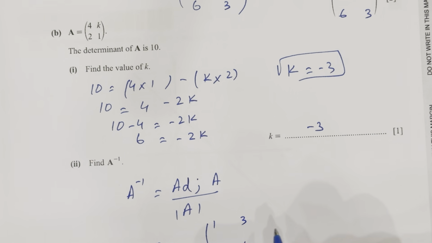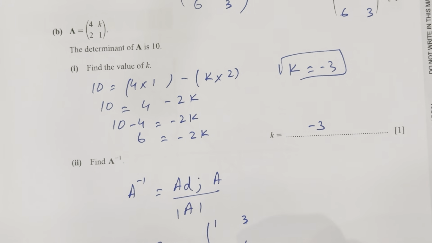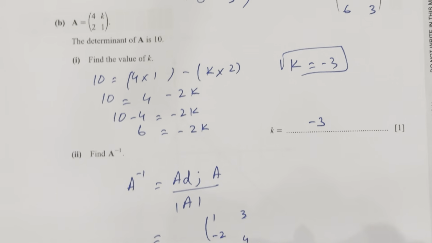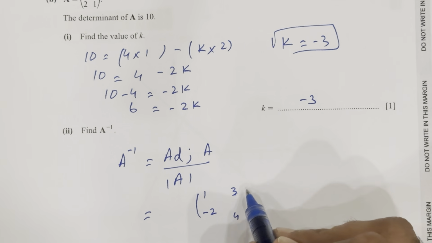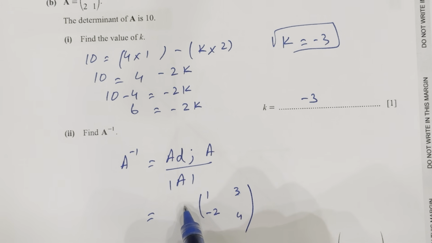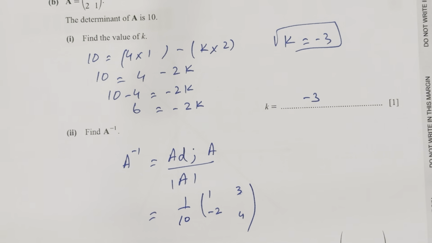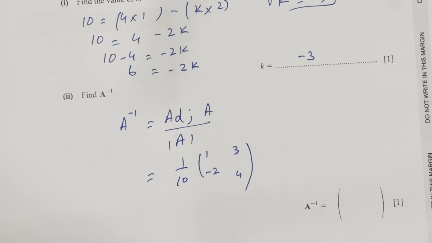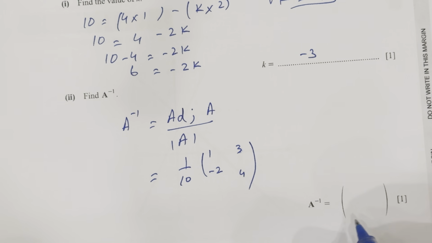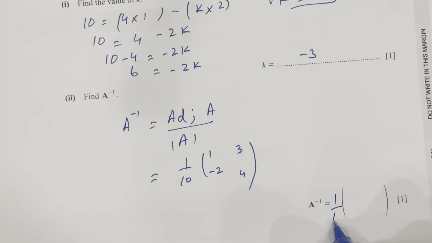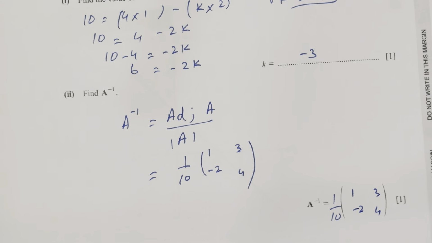You need to change the sign of the secondary diagonal. It would be minus 2. And the determinant value is 1 by 10, that is given in the question. So our answer would be like that: 1 by 10, then 1, minus 2, 3, 4.